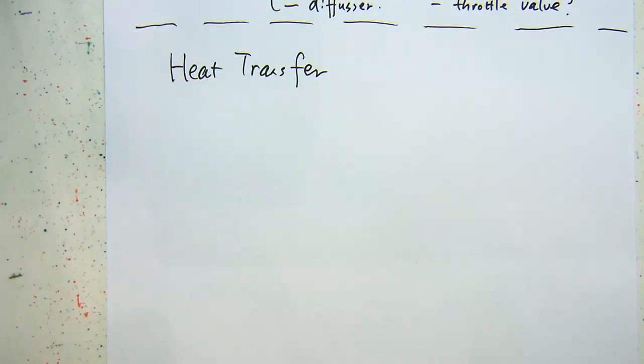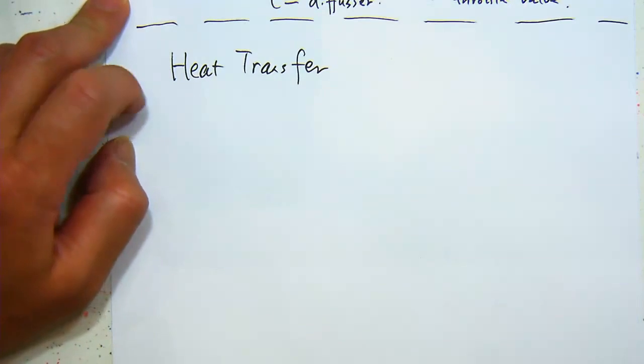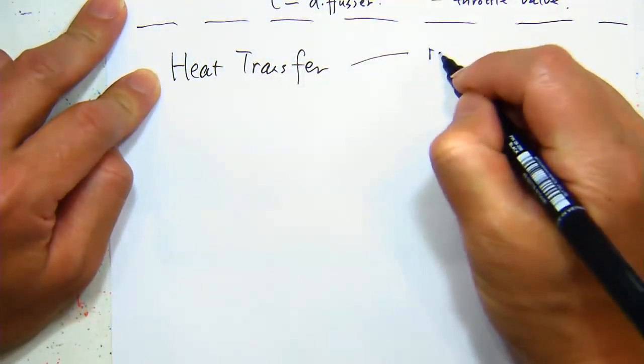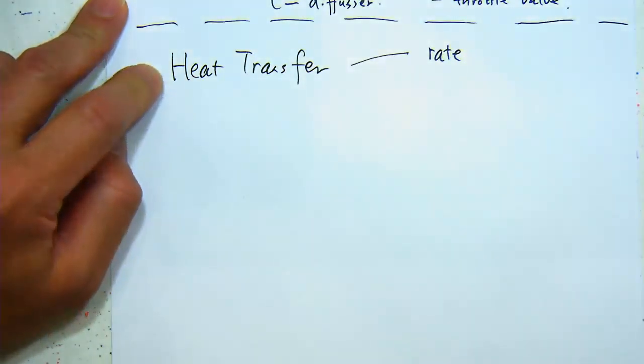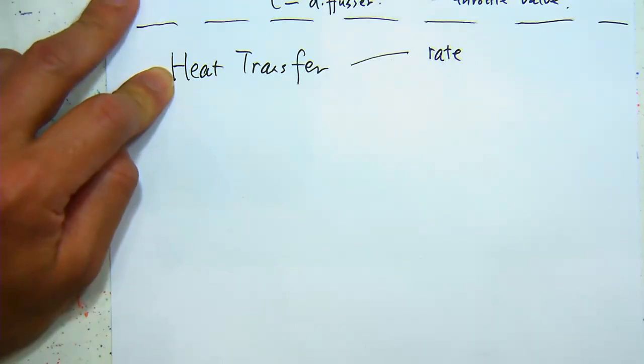Heat transfer is a very important discipline or topic in thermodynamics, and this topic is mainly concerning a rate. It's concerning how thermal energy is being transferred, in terms of how fast or how slow the process is.